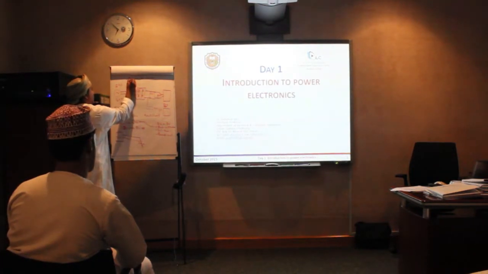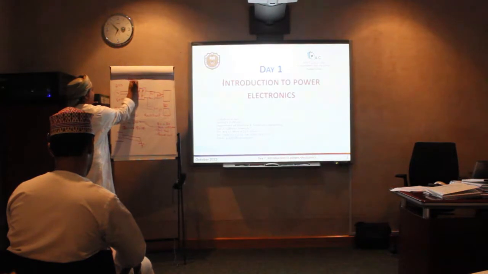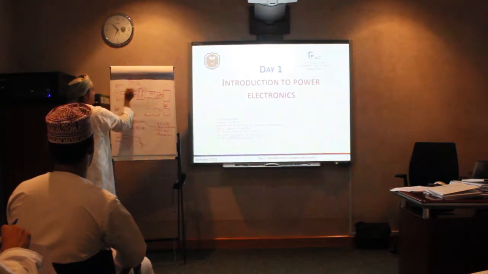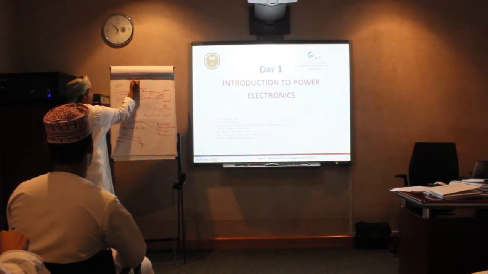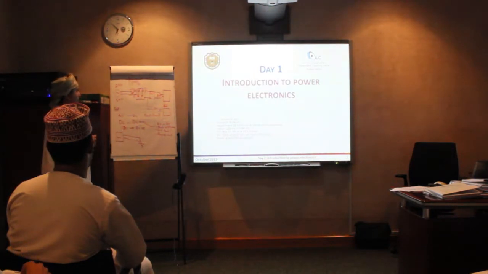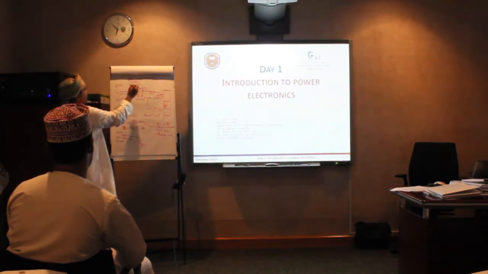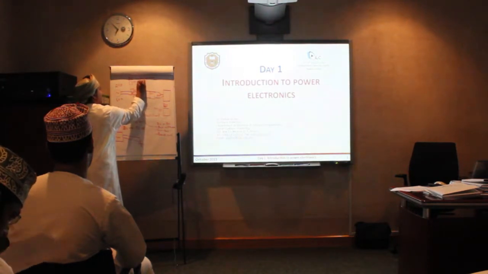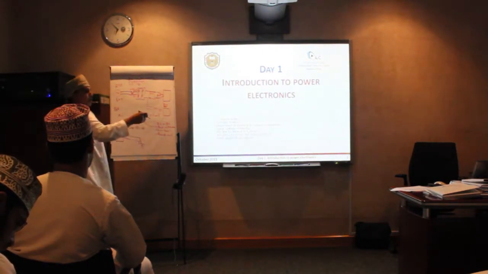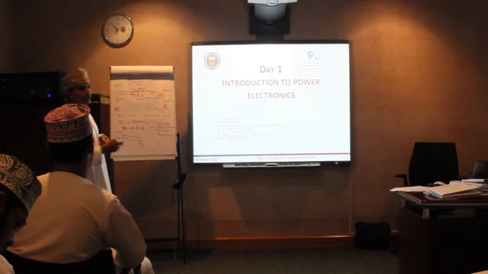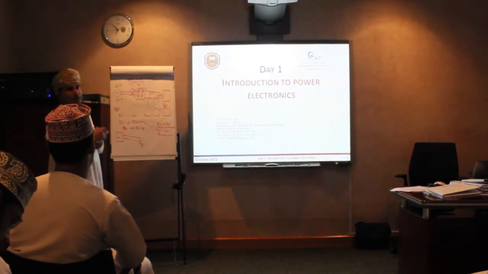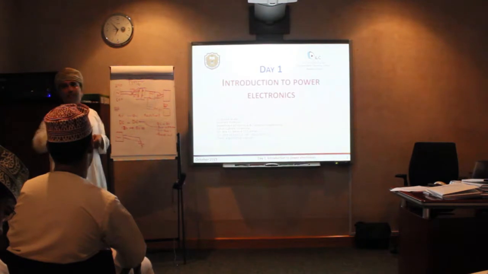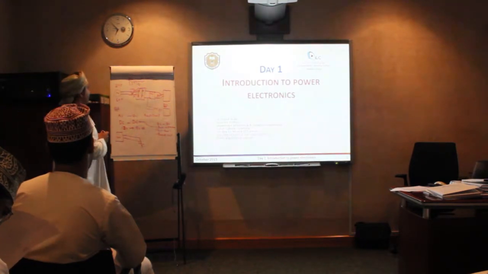After you charge the battery from the solar system, through a circuit which we will see after 2 days, you would like to inject this power or change this power to AC in order to utilize it for any other application or whatever you can name.